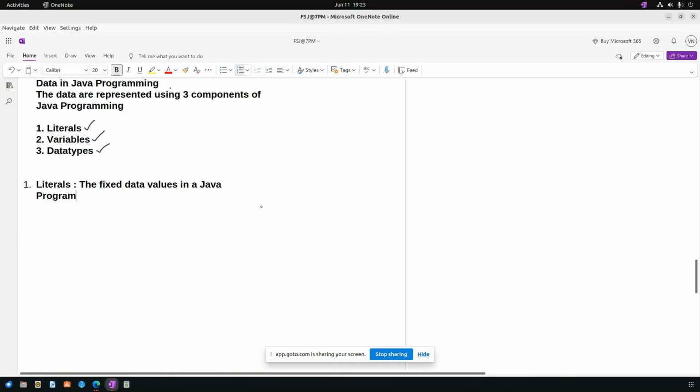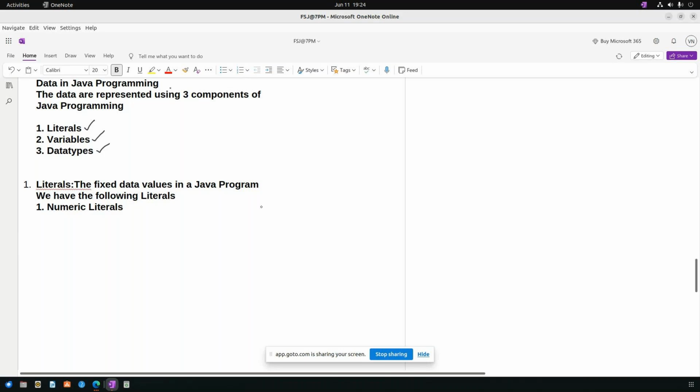So how many types of literals can we observe in a Java program? We have the following literals. First one is numeric literals.